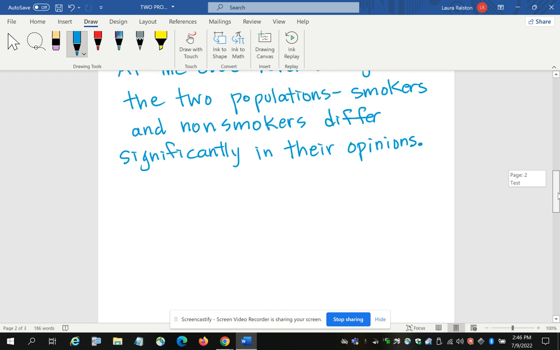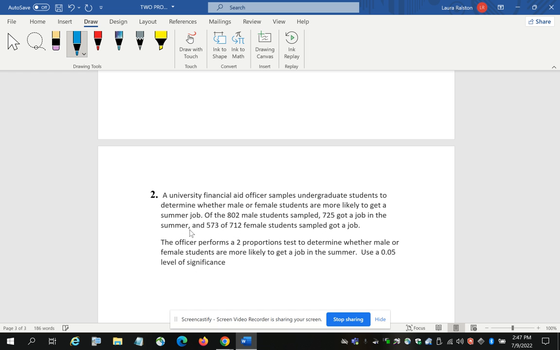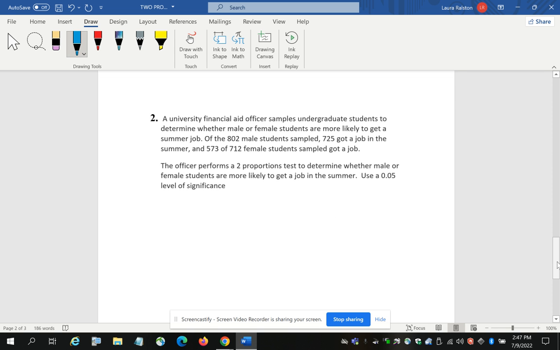All right, let's look at the second one. A university financial aid officer samples undergraduate students to determine whether male or female students are more likely to get a summer job.